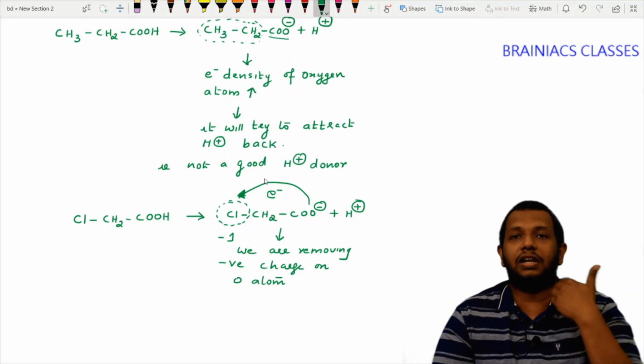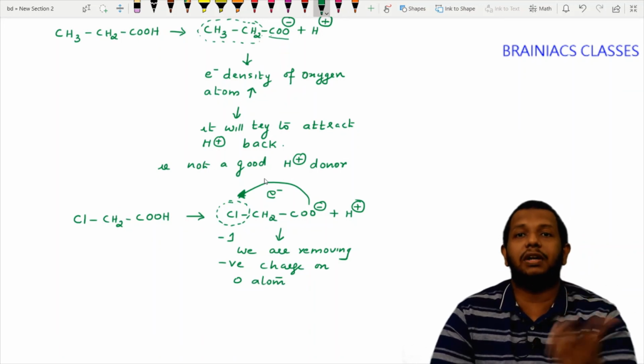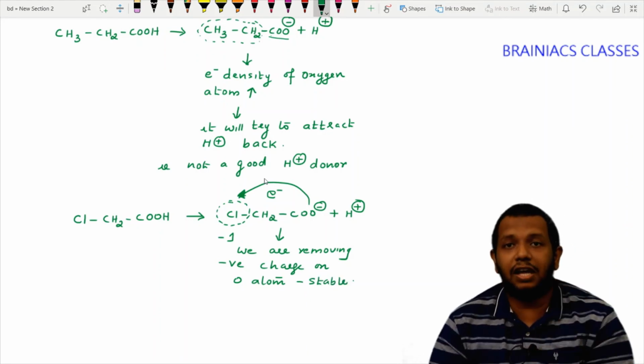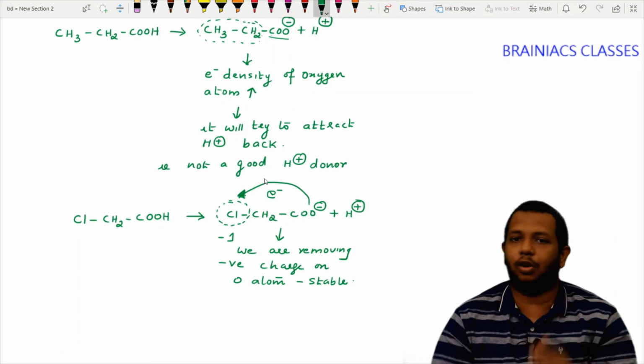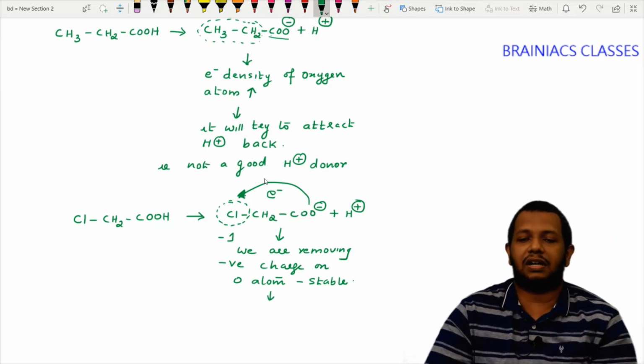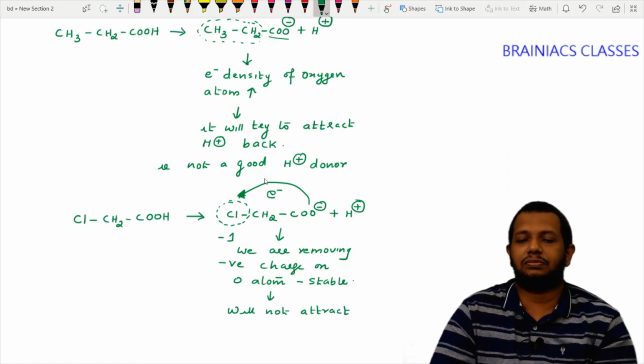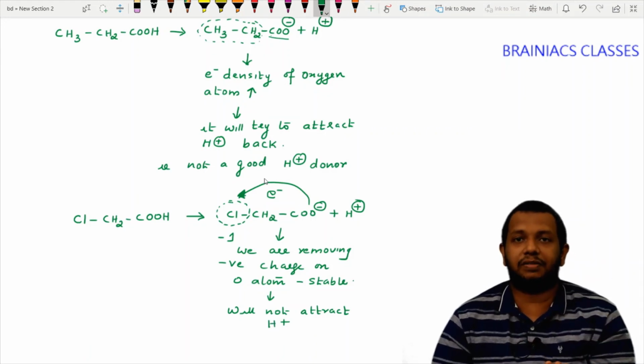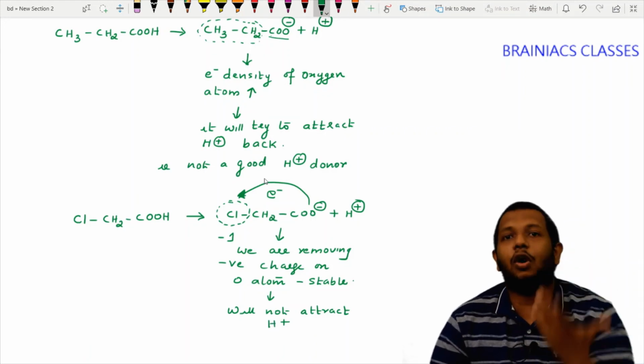So if you remove the negative charge on the oxygen atom, it becomes stable. If it is stable, will it attract H plus? No. So this will not attract H plus back, which means it is a good donor of H plus.